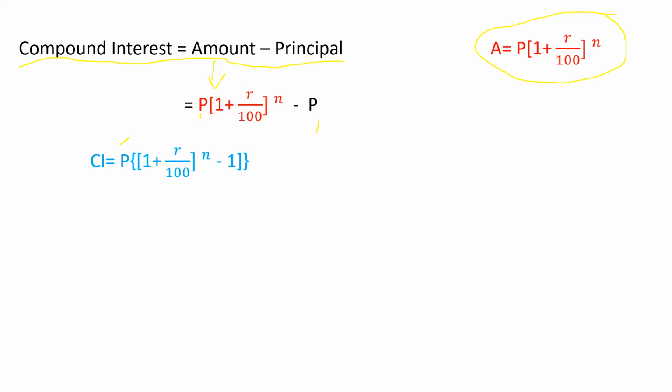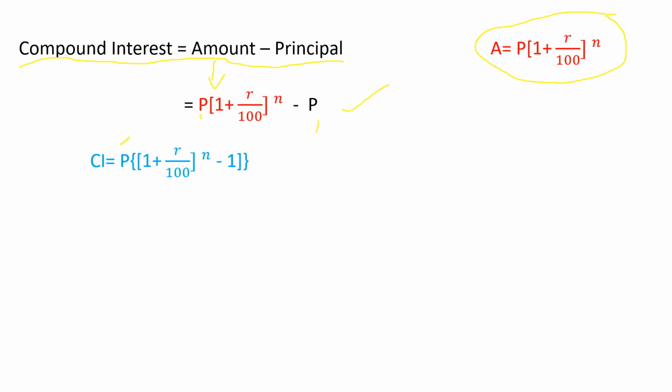This P is common for the 1 plus r by 100 the whole power n and this P. We take it outside as common because the calculation will be easy. If you write P into 1 plus r by 100 the whole power n minus P, you can also do the calculation, but it will be easier when you take this P common outside. The calculation part will be simple.